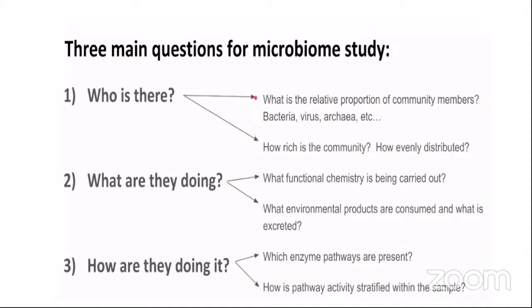If you have a question, who is there, at what relative abundance the community members are there, you should take one approach. And if you have a question that what are they doing, to identify the functional basis of this, and how its functional chemistry is carried out, what are the environmental products that are consumed and excreted, these kinds of questions may be addressed through a different bioinformatic approach.